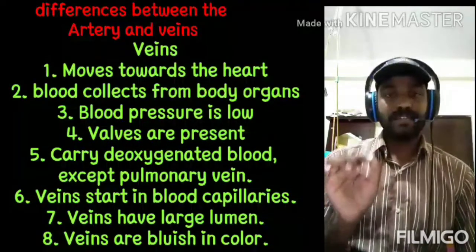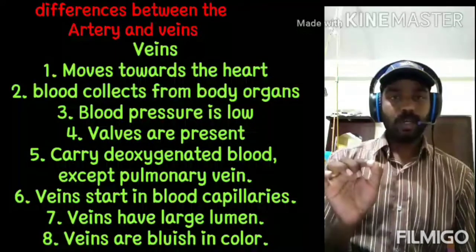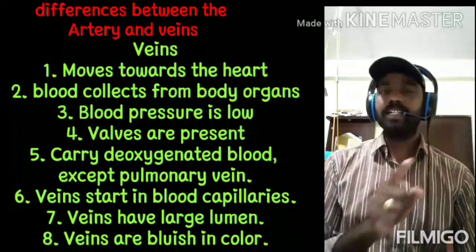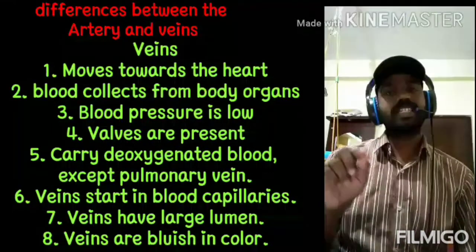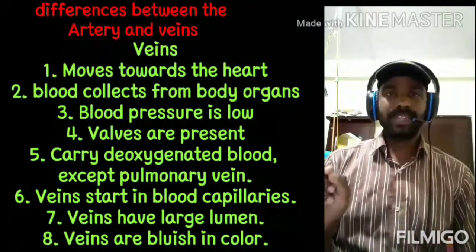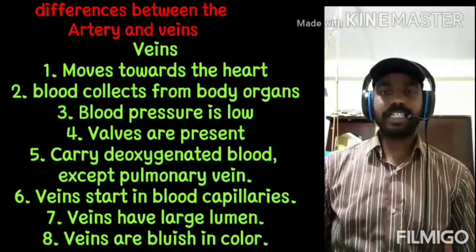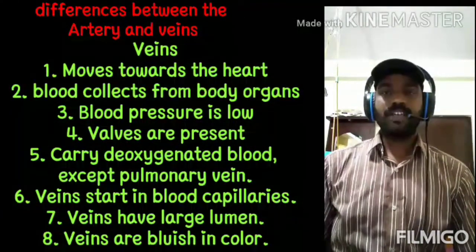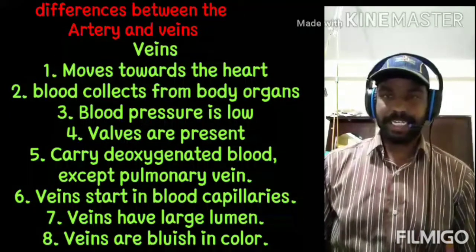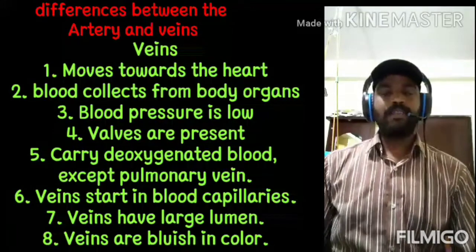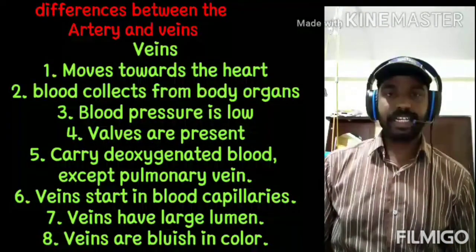In the pulmonary vein, we have oxygenated blood, because the pulmonary vein starts from the lungs and enters the left auricle. So pulmonary veins contain oxygenated blood. Veins start in the blood capillaries. Veins have a large lumen when compared with the arteries.